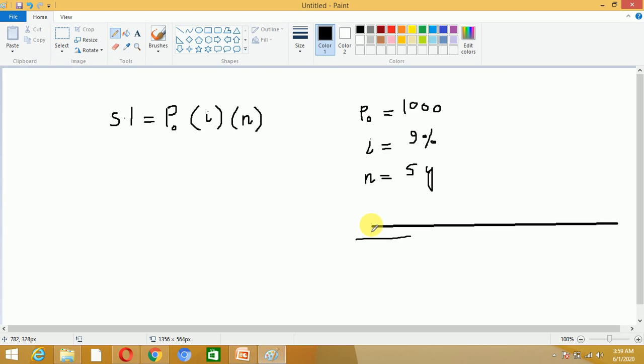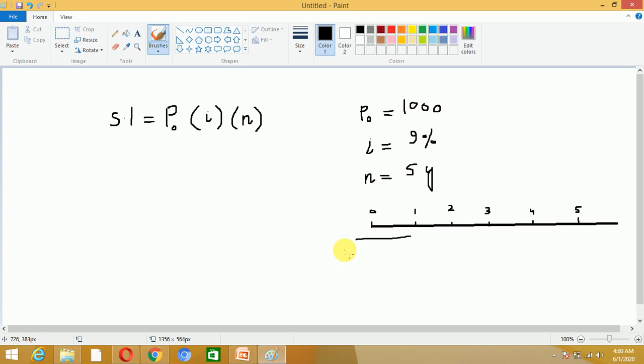This 0 means today, then 1, 2, 3, 4, and 5.